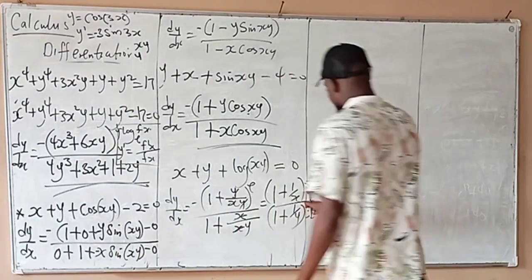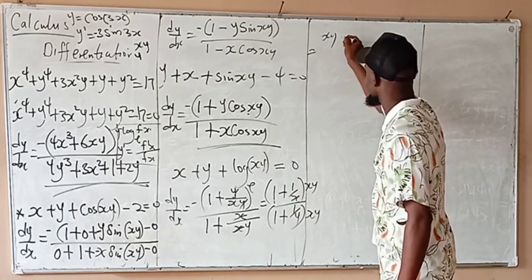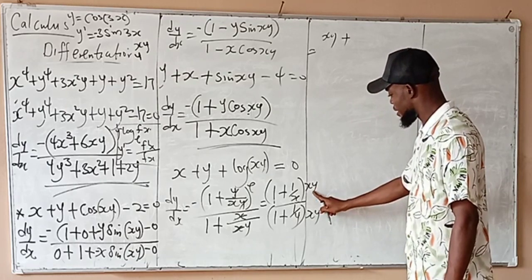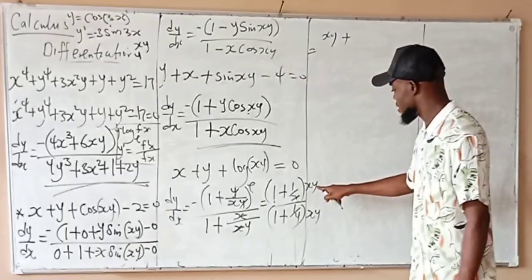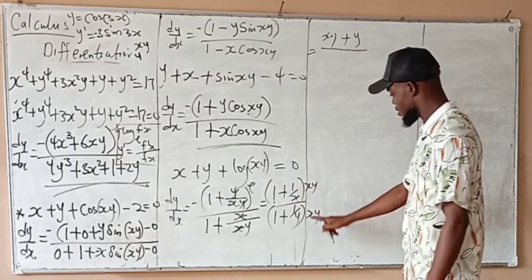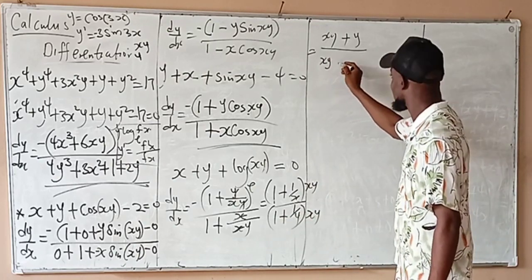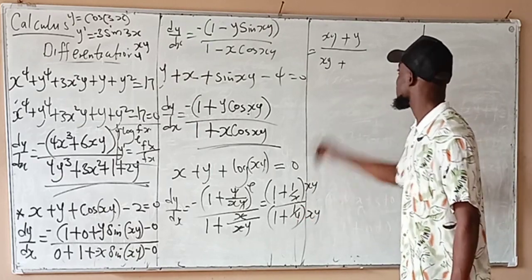So I'm going to have xy times 1, we have xy plus xy times 1 over x. This x will cancel this x. We are going to have y times 1. We will have y over xy times 1. We will have xy plus, then this one times this, y will cancel y, x times 1 we will have x.